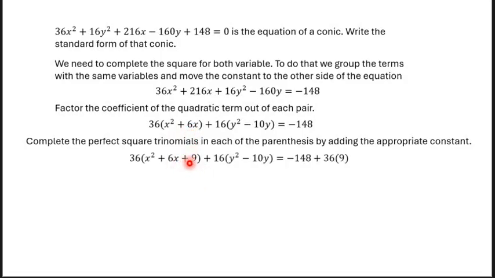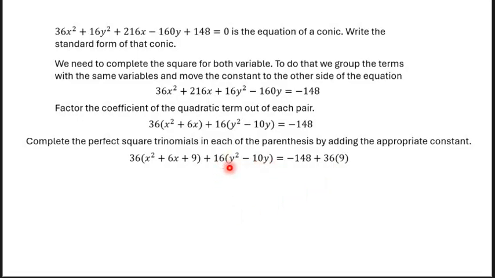But adding a 9 inside of that parenthesis amounts to adding 9 times 36 on the left side of this equal sign. So in order to keep the equation balanced, I have to add 9 times 36 to the right side also. So that 9 that I'm adding in is multiplied by 36 on the outside of the parenthesis. So to keep the equation balanced, I add 9 times 36 to the other side.